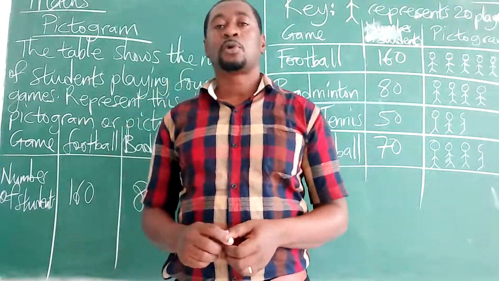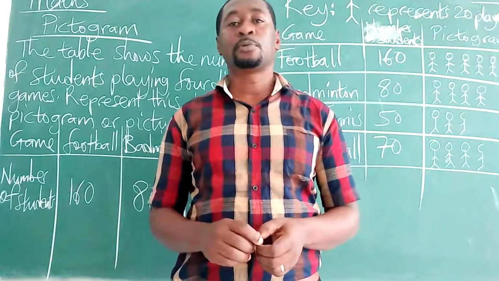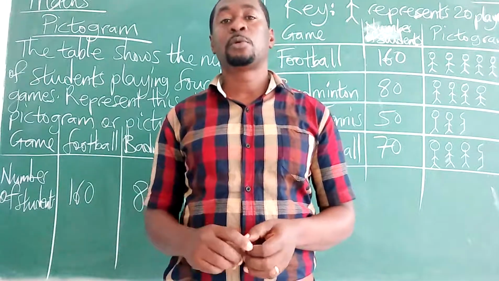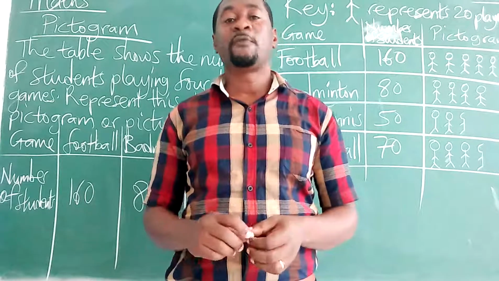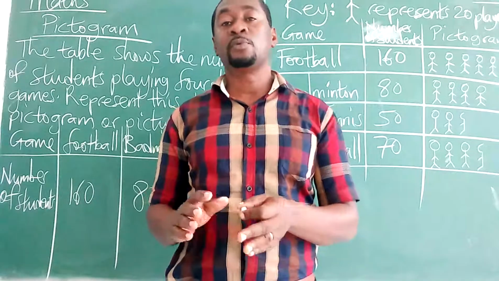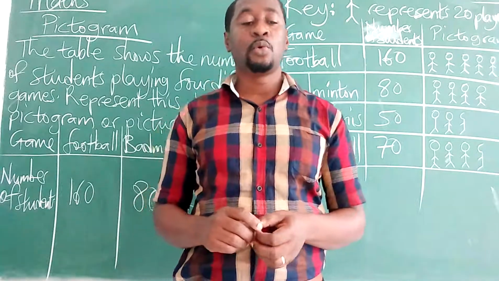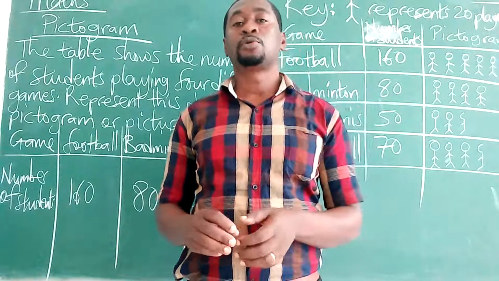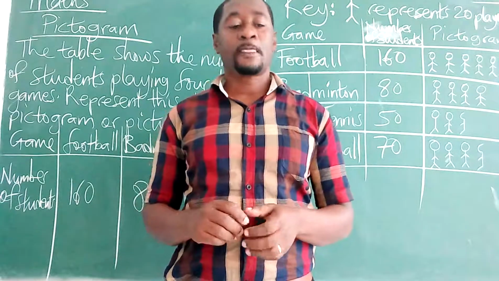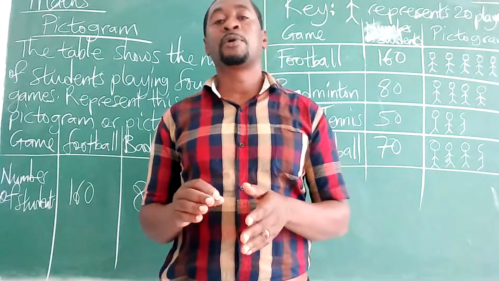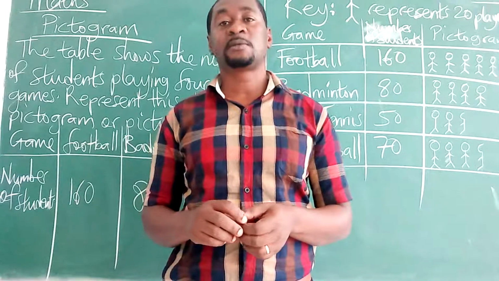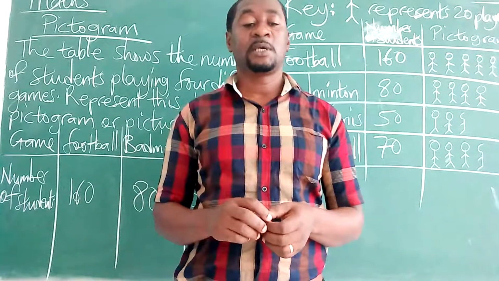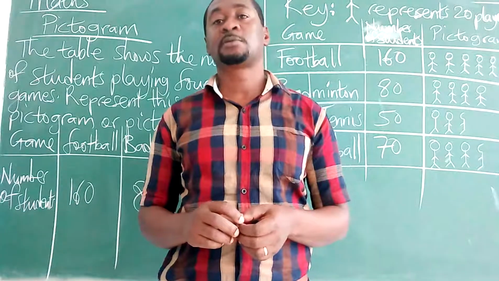Now, when you want to draw the table, because they say we should draw the information, we have to tabulate it. First you write favorite subjects, and then number of students.